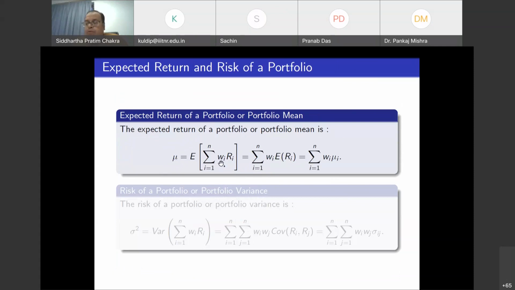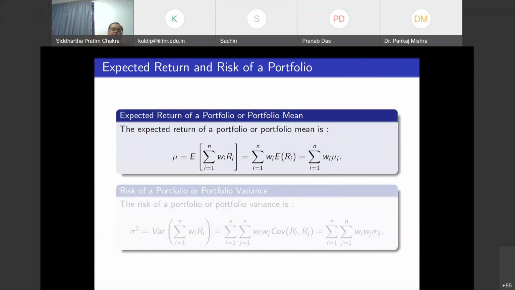Remember, Wi is not a random variable, only Ri is a random variable, so Wi can come out. And what is the expected value of Ri? In our previous notation, this was mu i. So I can write the expected return mu of the portfolio as the summation of Wi into mu i, which is the expected return of each individual asset.